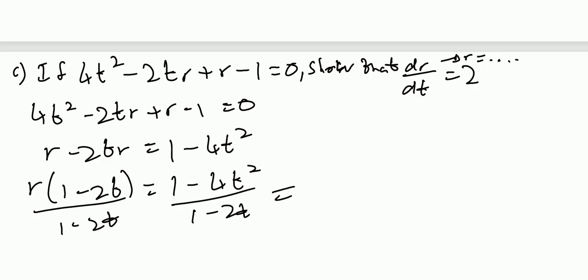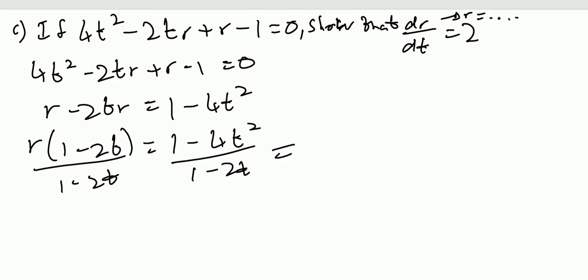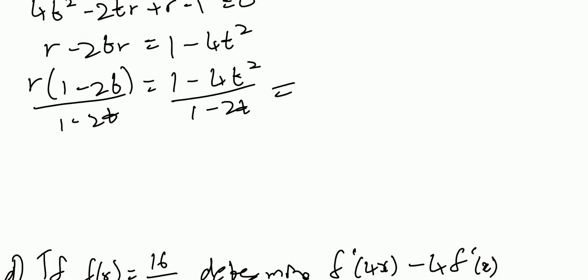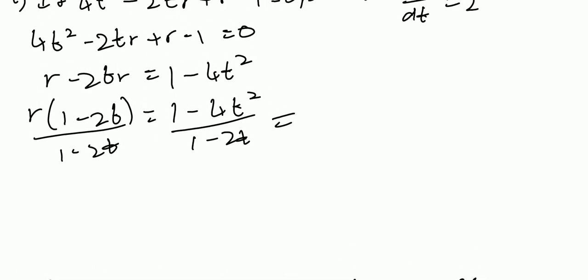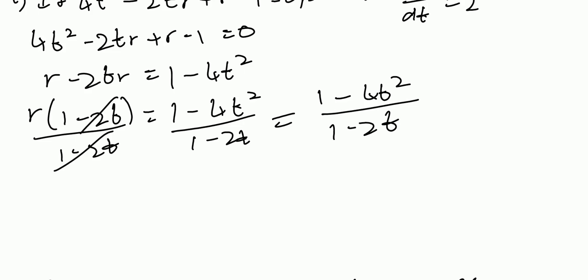Then on this side, let me scroll down so we won't have enough space. Let me write it here. We are going to have 1 minus 4t squared over 1 minus 2t. Then this cancels this. So in this case, is this thing simplified?